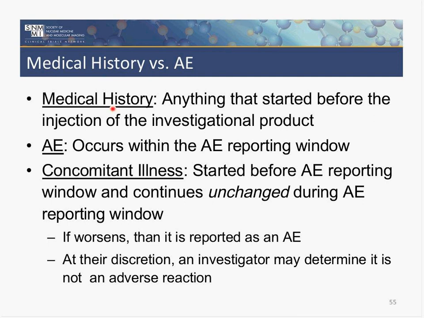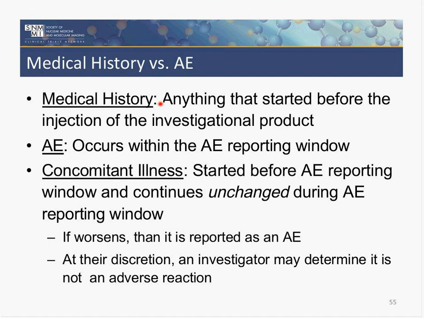People get confused between medical history, AE, and concomitant illness. Medical history is anything that started before the injection of the investigational product. So a patient who has a history of low back pain, who complains of low back pain on the scanning table, about the same as it always is, "my back always hurts about this much," that just goes into medical history.